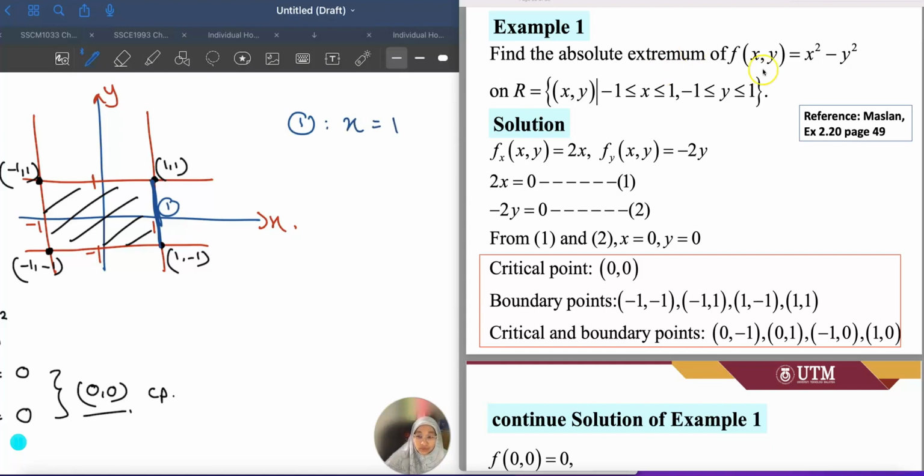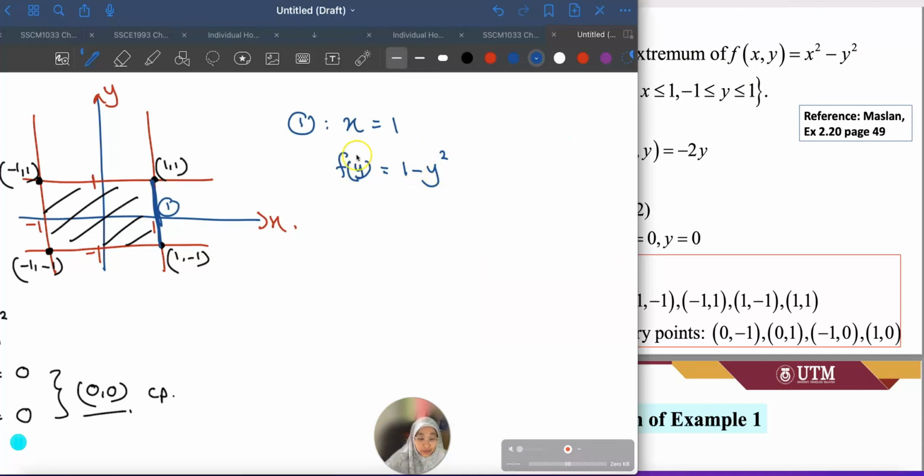Now you have to substitute x equal to 1 into the function, so you only have f in terms of y. You replace x by 1, so you have 1 minus y squared. For this, you find the critical point, which means you differentiate with respect to y. You get -2y and equate that to 0.